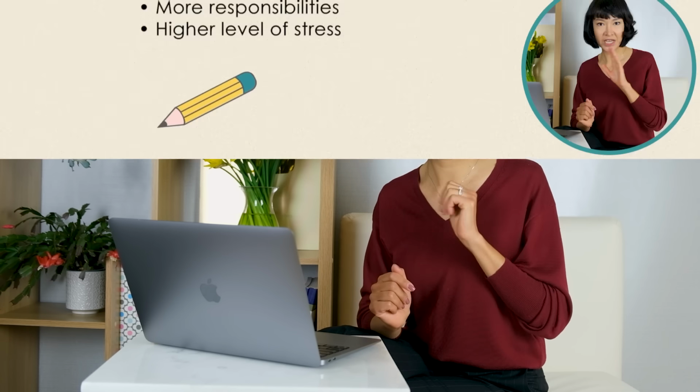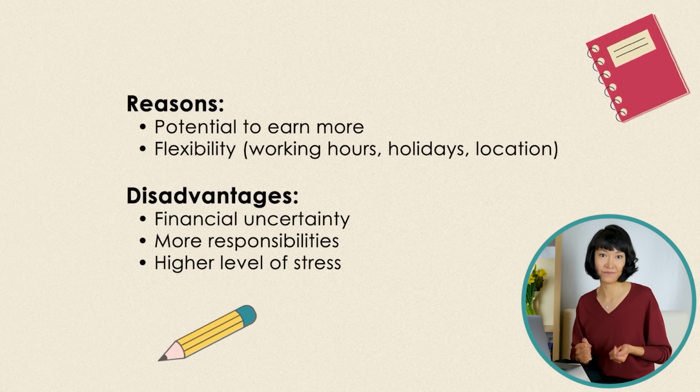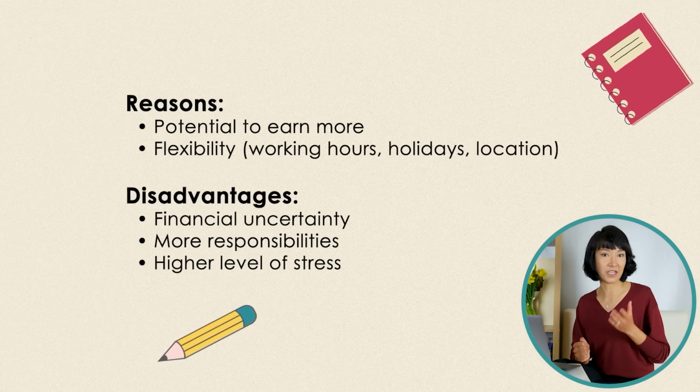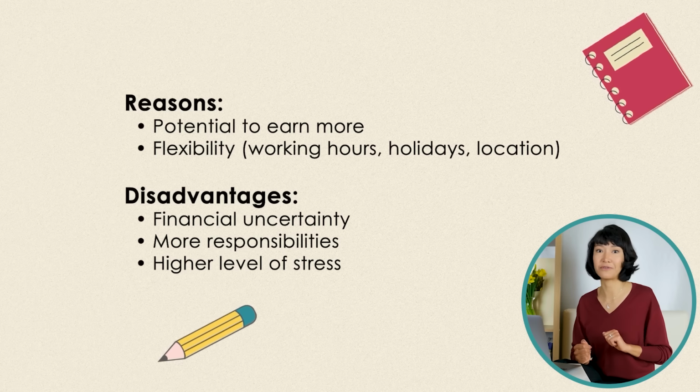The secret of Task 2 is not to overcomplicate your life. That applies not only to format but also to the content. Look at these preparatory notes for our topic. Reasons: potential to earn more. Flexibility: working hours, holidays, location. Disadvantages: financial uncertainty, more responsibilities, higher level of stress.